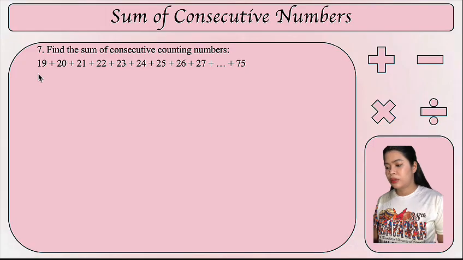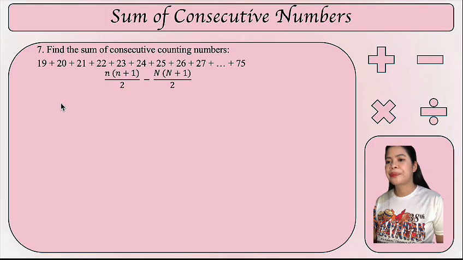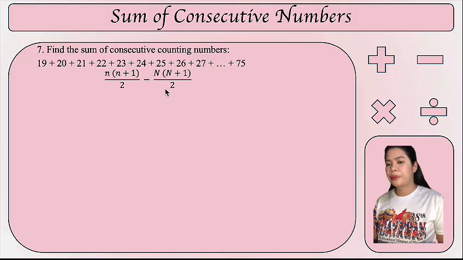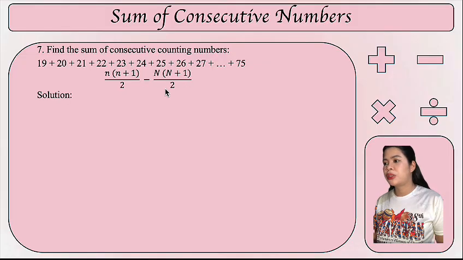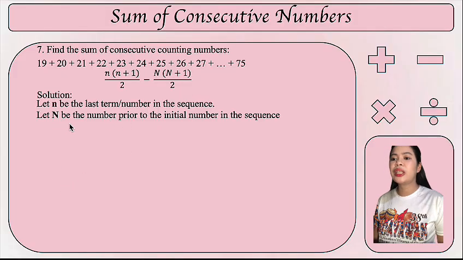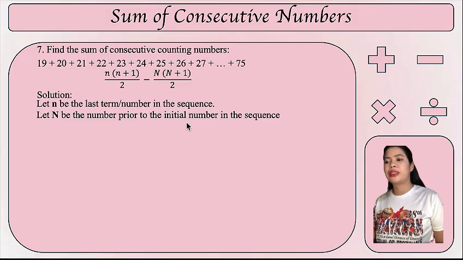So we are going to use this formula: small letter n multiplied by small letter n plus 1 divided by 2 minus big letter N multiplied by big letter N plus 1 divided by 2. So we have here the solution. Let small letter n be the last term or number in the sequence, which is 75, and let big letter N be the number prior to the initial number in the sequence.